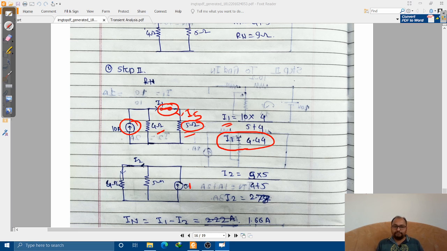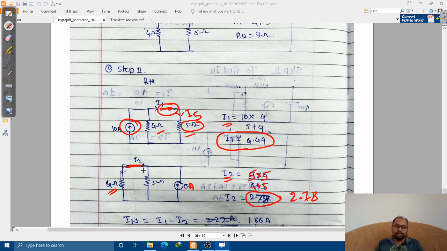Now let us consider the 5 ampere current source connected at the right hand side, and find out the current flowing through this shorted line. We are interested in the current flowing through this 4 ohm resistor, which is the applied current multiplied by the opposite branch resistor, 5 divided by 4 plus 5. So finally I will get 2.78. Now we need to make an algebraic addition of these two currents.